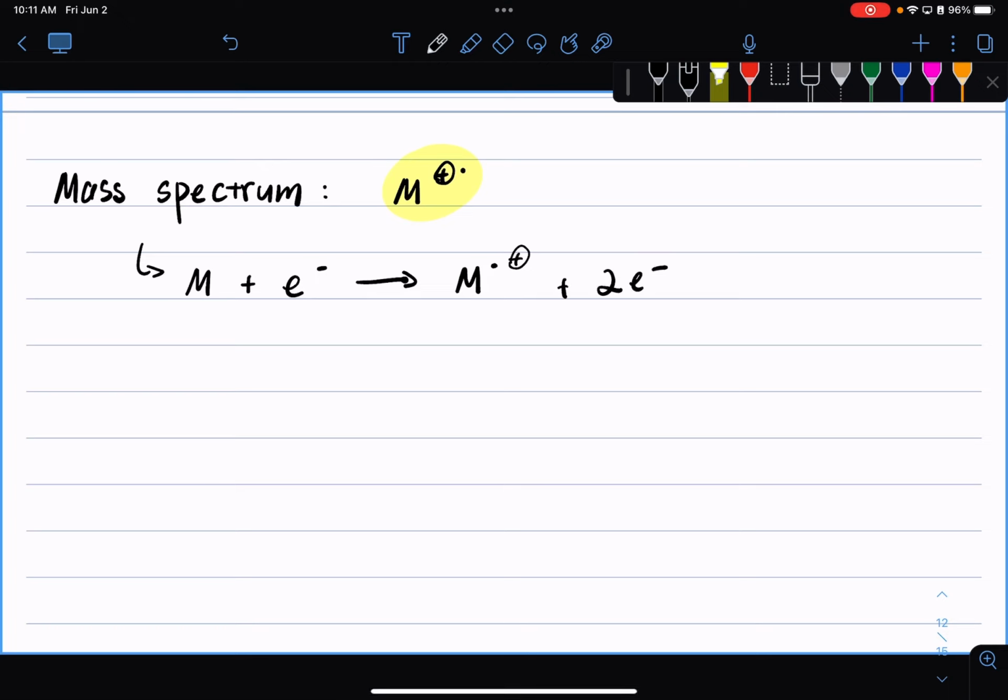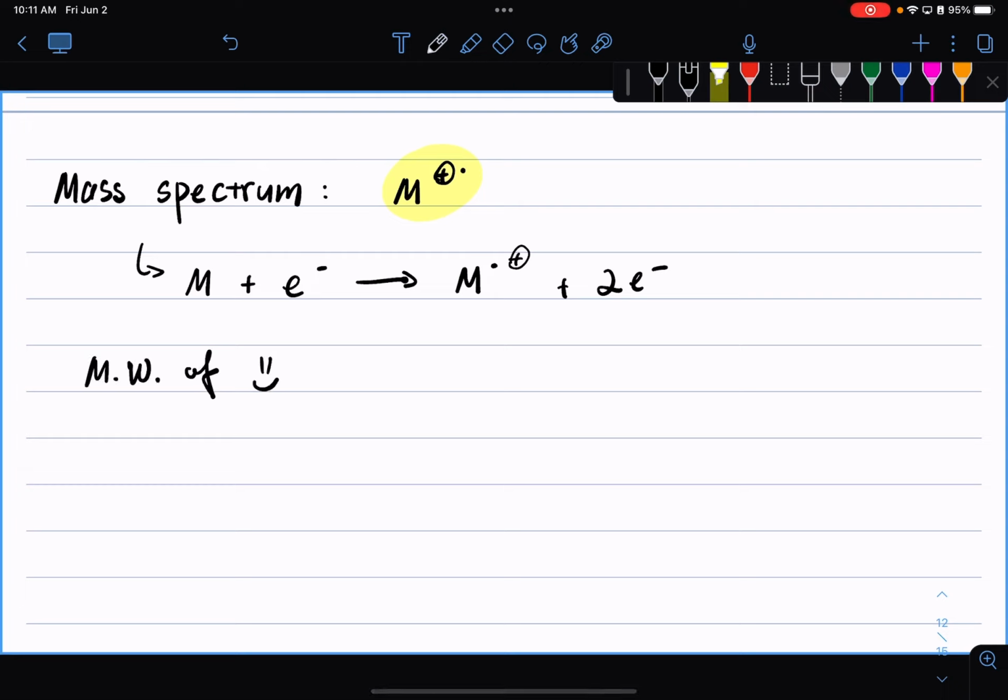All right, so this is just a quick review of what that molecular cation looks like. Now, the only difference between this molecular cation and the molecule itself is 1 electron, and an electron doesn't contribute to your molecular mass that much.